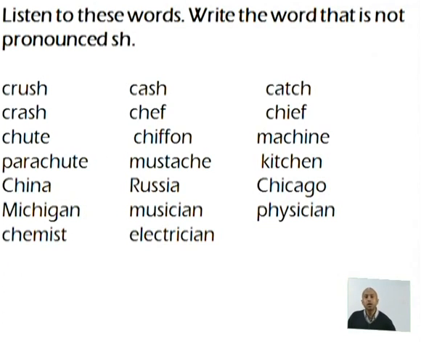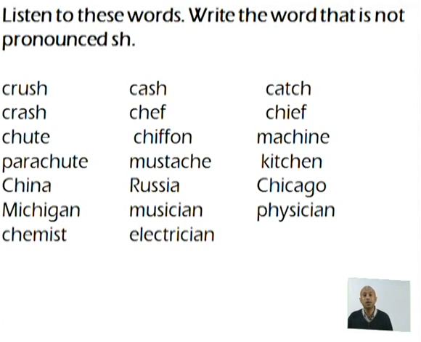So, which was a word that does not have the sh sound? Crush, sh, crash, sh, shoot, sh, parachute, sh, China, no, ch, no sh. There's a ch there. It's not sh, it's ch. Michigan, what is Michigan? Where is Michigan? It's a place in the United States of America. Michigan has a sh.